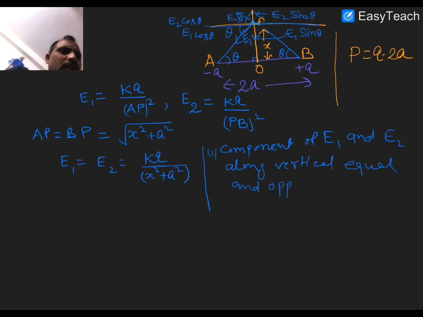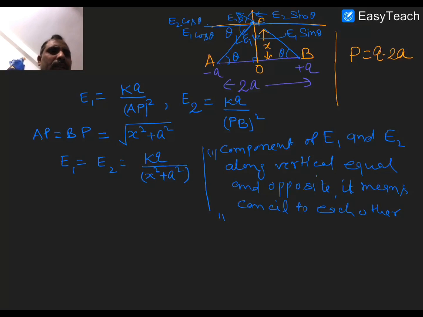Equal means E1 and E2 are equal, and they are in opposite directions. Opposite means they cancel to each other. Then there is no electric field along the vertical line; they cancel to each other.